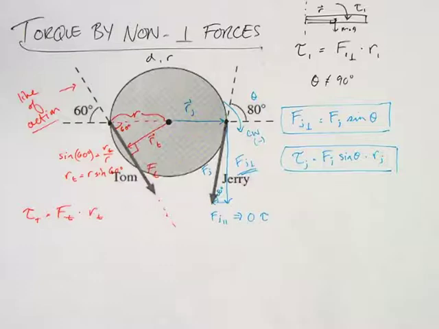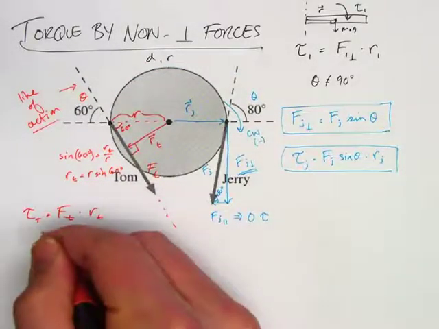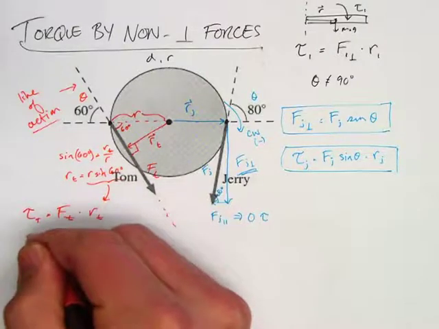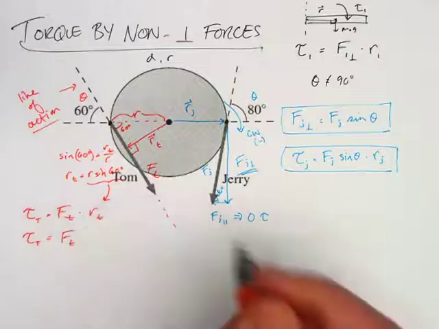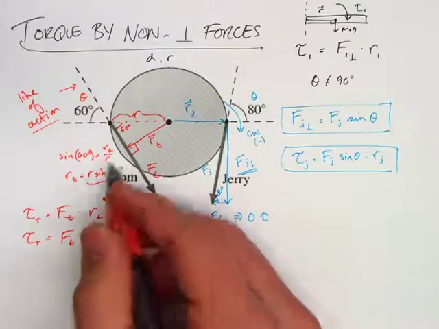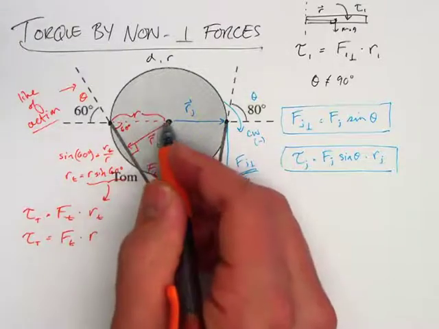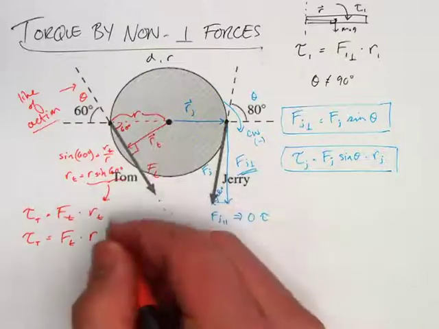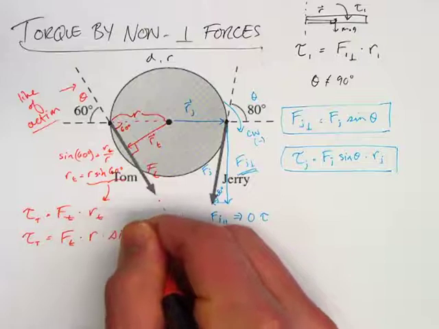And now let's go into our general notation where this is my theta. So I'm going to substitute in here: the torque exerted by Tom is Tom's force, Ft, times the radius of the circle, r, or the distance from the point of rotation to the point where the force is applied on the outside, times the sine of the angle in between them, which is the sine of theta.